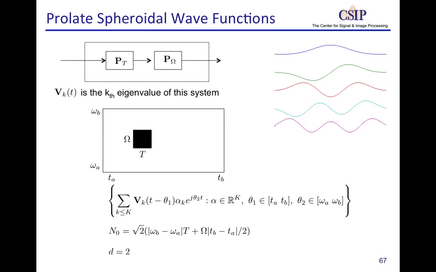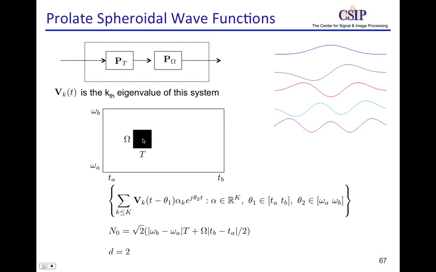So here you can have subspaces that are parameterized not only by this time shift theta 1, but also by this frequency shift theta 2. So this is basically moving this center point theta 1, theta 2 in this time frequency tiling that we have here. And you choose k to be roughly equal to the time bandwidth product of capital Theta and capital T. And then by doing that, you can account for most of the signals that lie in this space.